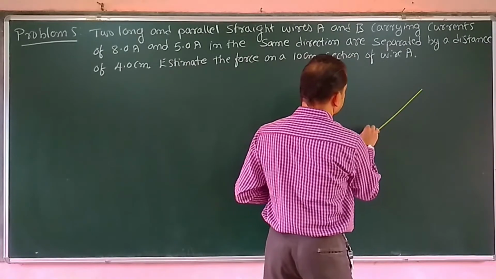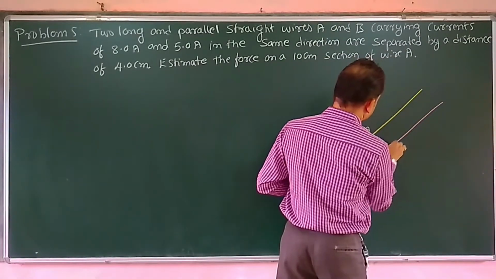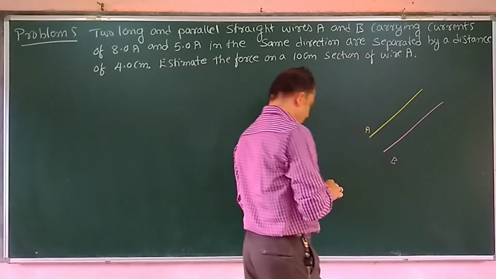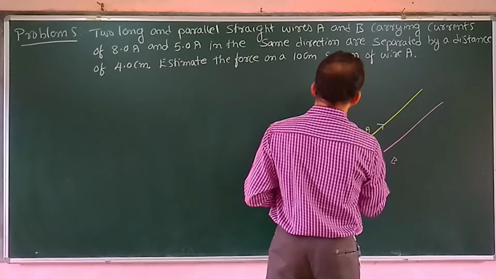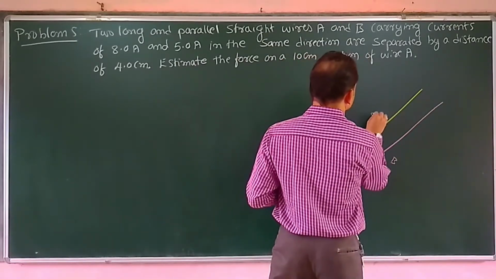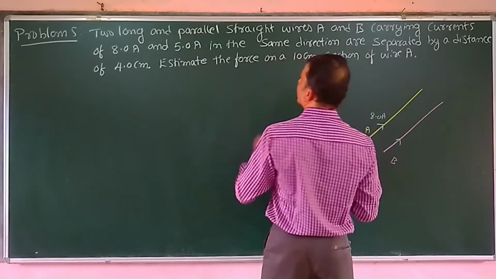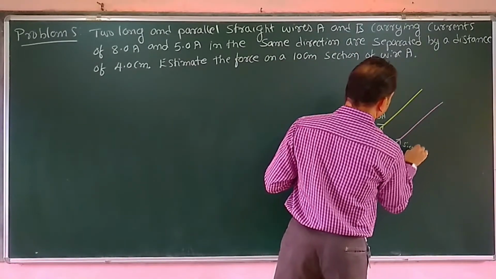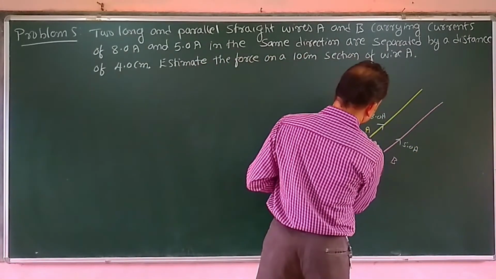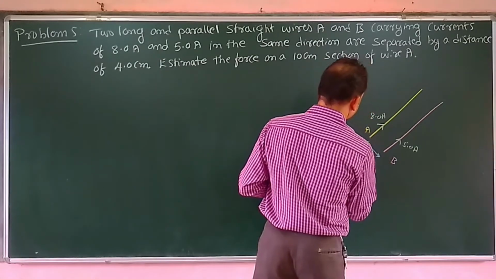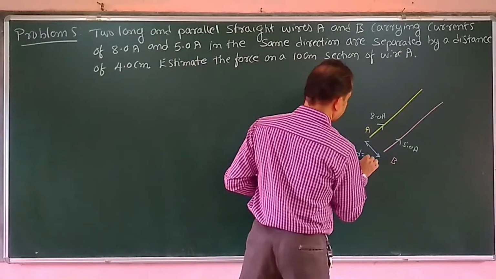Now we have two conductors. This is the conductor A, and we have one more conductor, that is conductor B. Now this conductor is carrying a current of 8 amps. Now this conductor B is carrying a current of 5 amps. Now they are separated by a distance of, this is the distance of separation that we have taken, d, that is 4 centimeter.